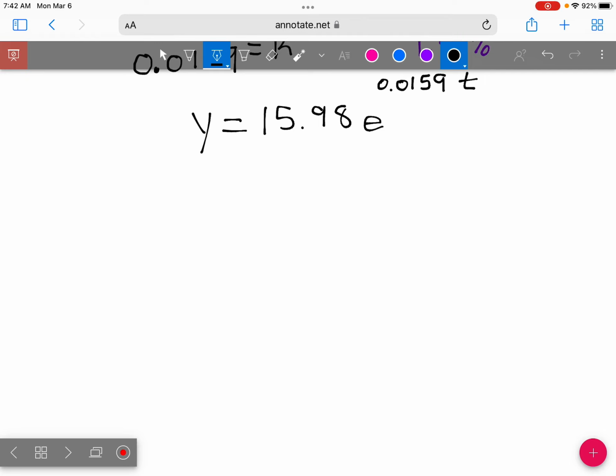So I want to find t. I want to get t by itself when my total is 25. So my total goes here. So I want to solve and find what is t if y equals 25 and everything else stays the same. Oh, I missed a zero.